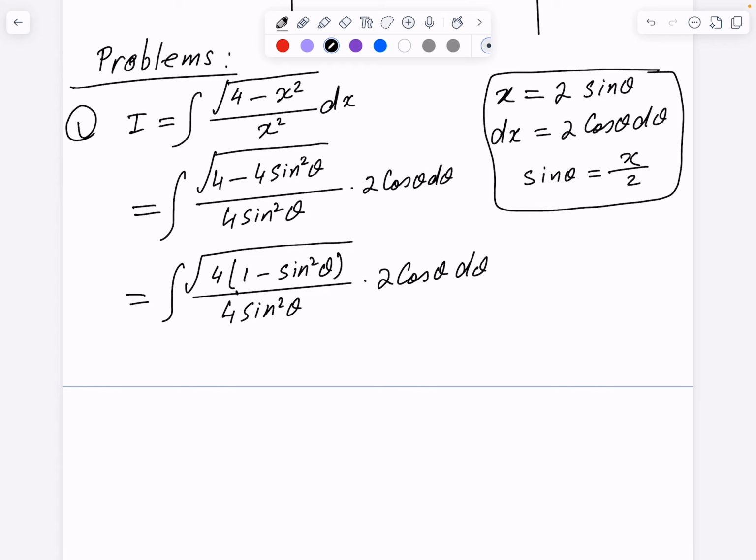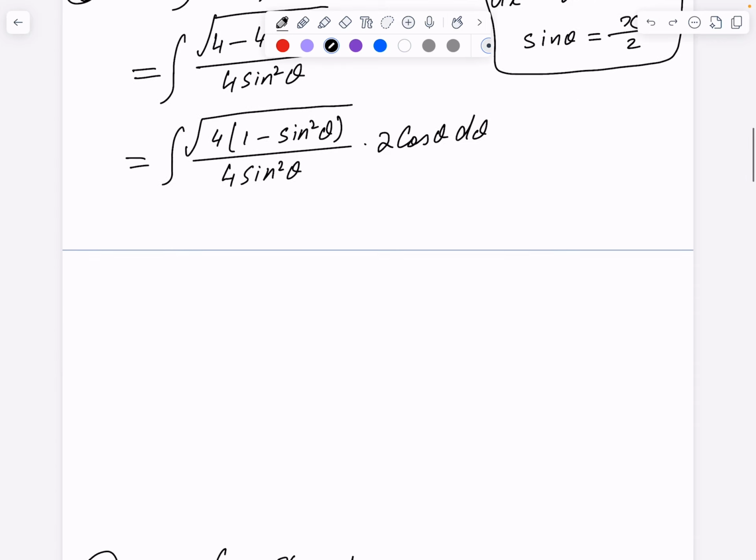Okay, 1 minus sine squared theta is going to be cosine squared theta under the square root, we just say it is cosine theta, and there is no need to mention the absolute value in this case. And we're going to have 4 under the square root.